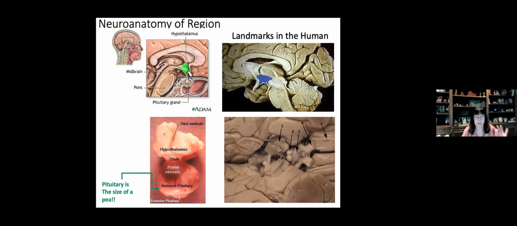So imagine what a pea looks like, and then put a little stalk on top. Then you have a structure which is about the same size sticking up, divided by the third ventricle here. So I guess it's like two peas right here. What is impressive is when you think about all the things this unit does and how it has to integrate; its small size has always impressed me.